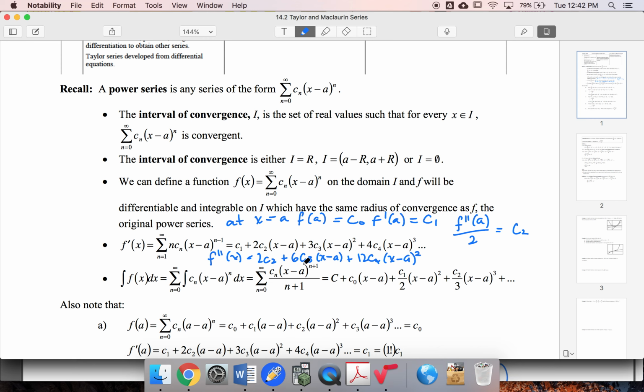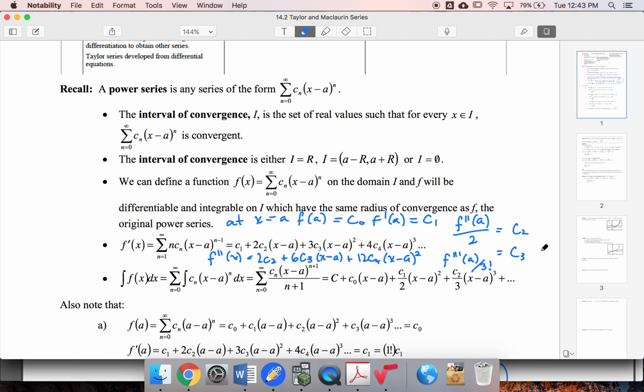Well, c3, when I take the third derivative, this goes away, I'll get this. So my third constant is going to be the third derivative at a divided by 6, but of course that 6 came because it was 3 times 2. So I'm going to say it's 3 factorial.